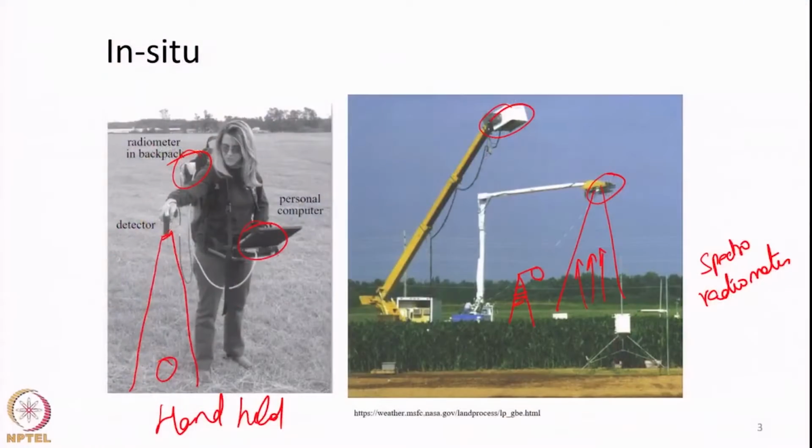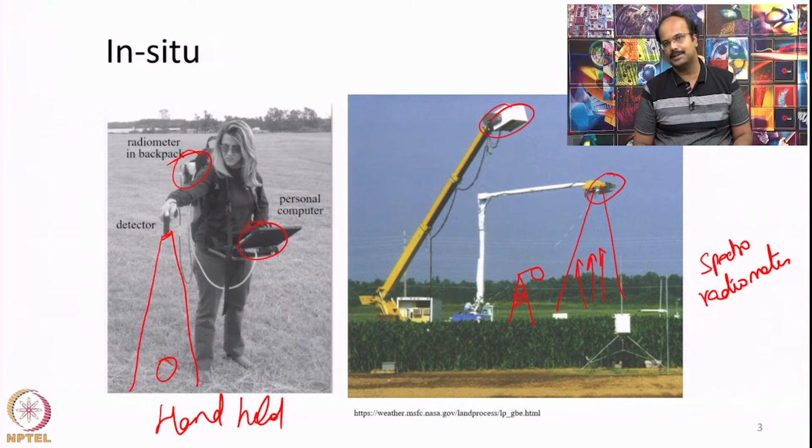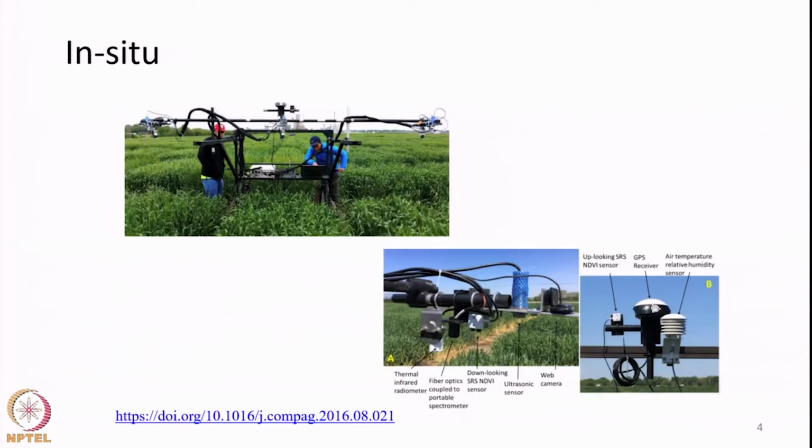So, in situ platforms can come in different forms. Human itself is a platform, if the scientist in this slide carries a sensor in her own hand, she is acting as a platform. Similarly, we can use trucks as platforms, we can use towers as platforms and so on. Again, another example is given in this particular slide.